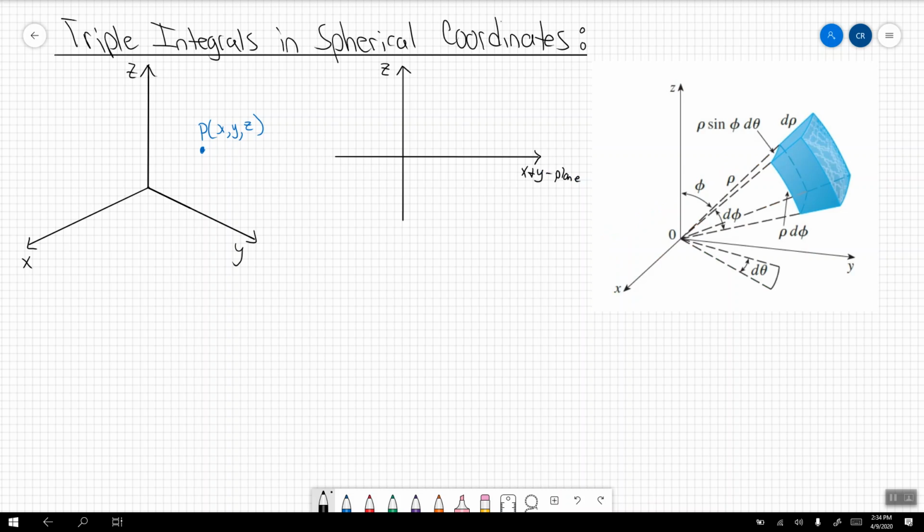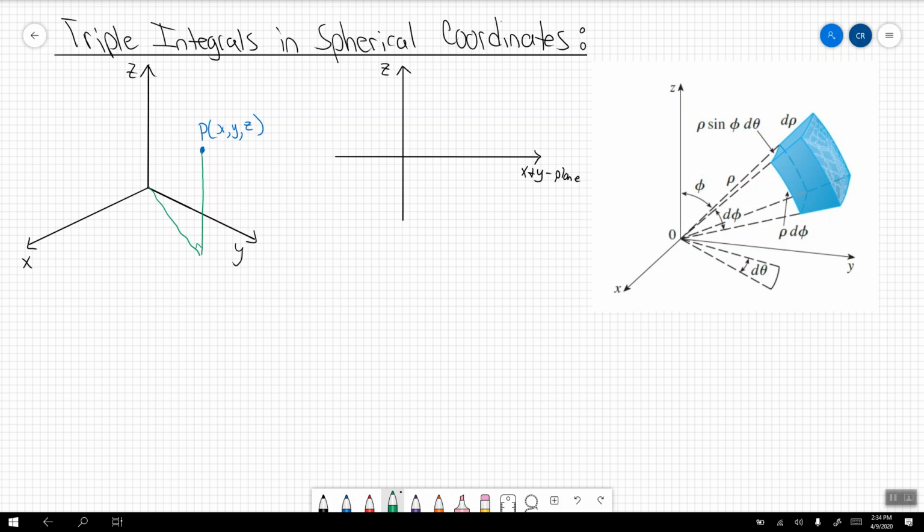All right. Here we are. Over here I have a coordinate system, my x, y, and z, and I have some point out in R3, which will be some point x, y, z. Because I have this point, I want to take the exact same approach that I did last time and create this piece here. 90 degrees.